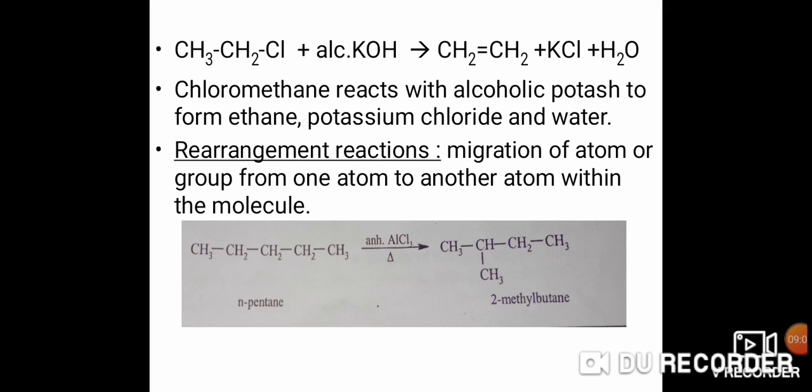So here we find there is rearrangement within the same molecule. Thus, these four types of reactions are very much essential in studying the organic reactions of our further classes.